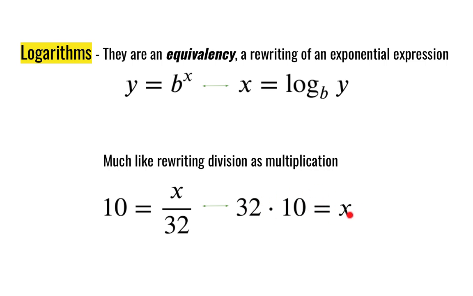This is an equivalent equation where x is the same value. It's just rearranged. And a logarithm is what allows us to rearrange an exponential equation so that we can get rid of the exponent. And like rewriting with multiplication allows us to get rid of a fraction, a logarithm allows us to get rid of an exponential expression.